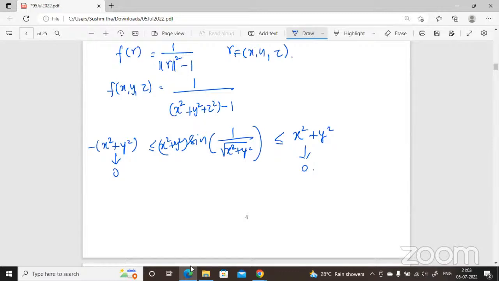Right. So I know that the maximum value sine can take is 1 and the minimum value it can take is minus 1. So the minimum value is minus of x squared plus y squared, and the maximum value is x squared plus y squared. Now if I take the limit as x comma y goes to 0, 0, this term goes to 0, this term goes to 0. So by the sandwich theorem, this term goes to 0.